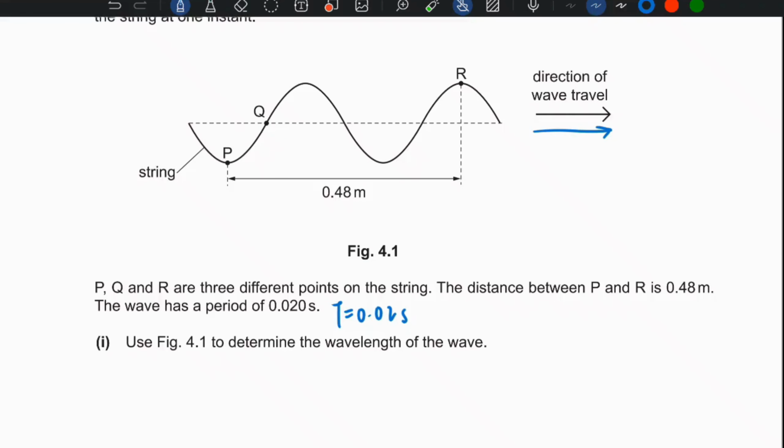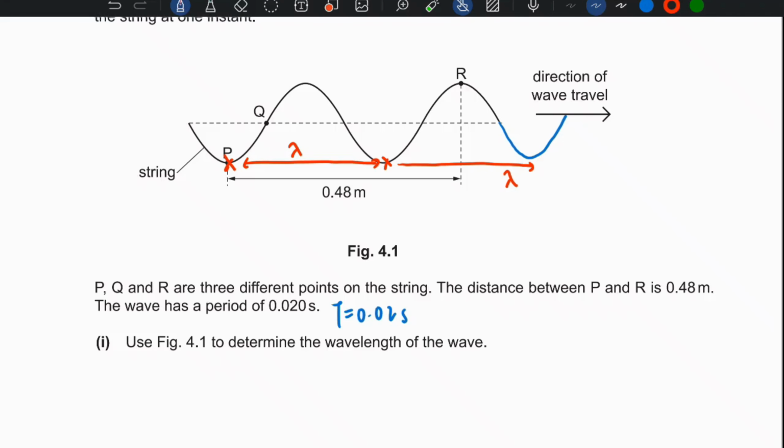So wavelength, we know that it's actually the distance from either crest to crest or trough to trough. So here we can use trough to trough. This is one wavelength. This is one wavelength, and trough to another trough. I think I'm going to extend the wave a bit so that we can see. So trough to another trough is another wavelength.